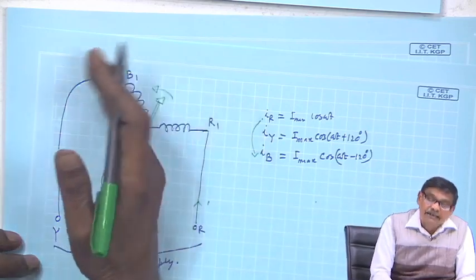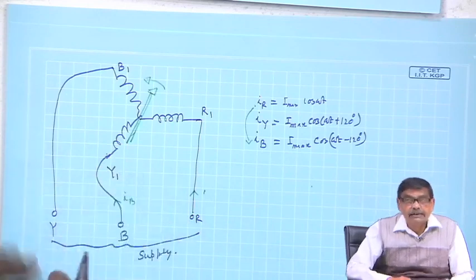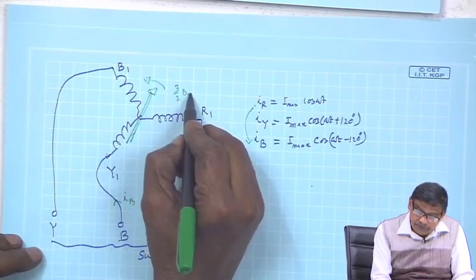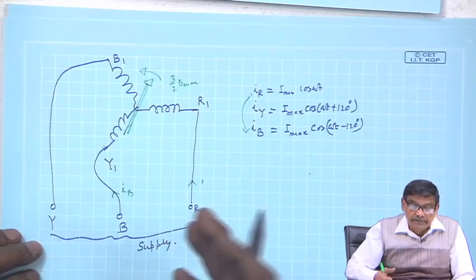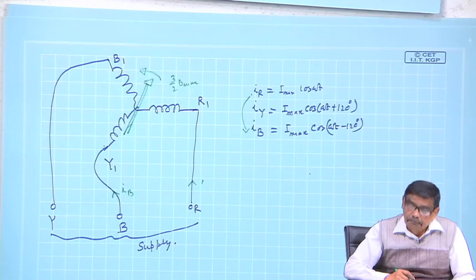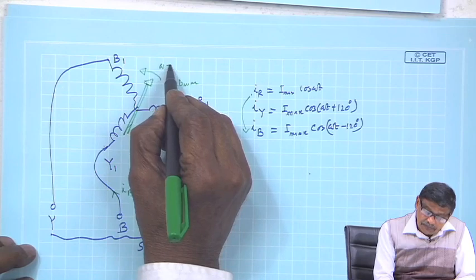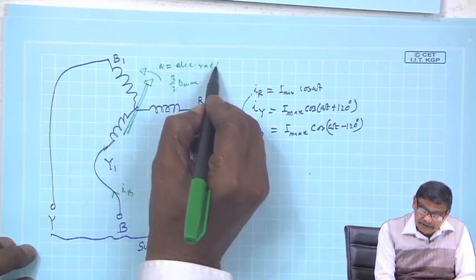So, it will move like this in the anticlockwise direction. Therefore, a rotating magnetic field of constant magnitude will be produced by a balanced 3 phase coils which carry balanced 3 phase currents, and the amplitude of the field is constant and the speed is also constant, omega, that is the electrical speed, electrical radian per second.